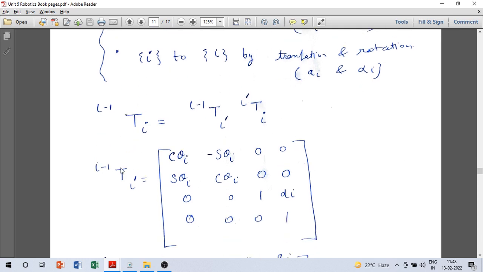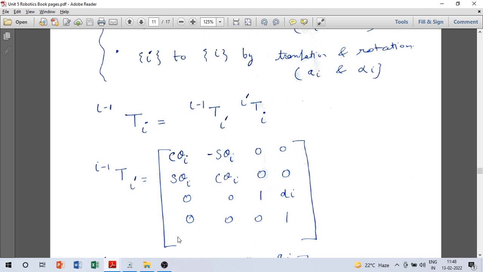Now this I minus 1 T I dash will be based on rotation theta I and translation di, and that matrix becomes just this one. We already talked about that 4 by 4 matrix for translated and rotated frames.